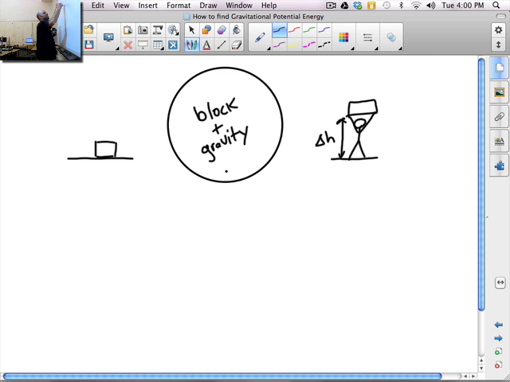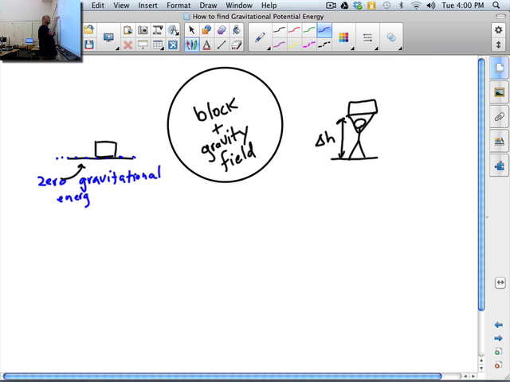I'm going to write gravity field for short. I'm going to make the ground my zero gravitational energy reference line.